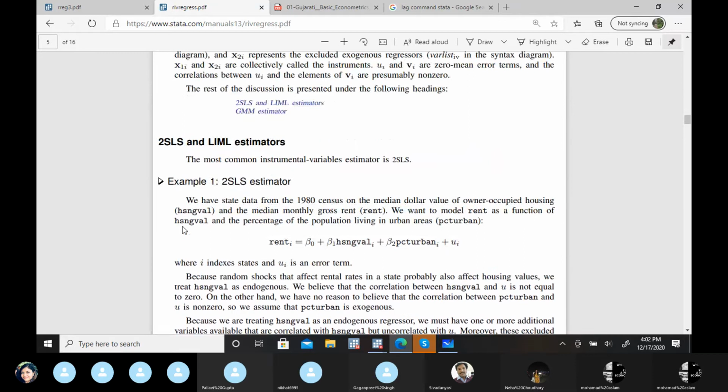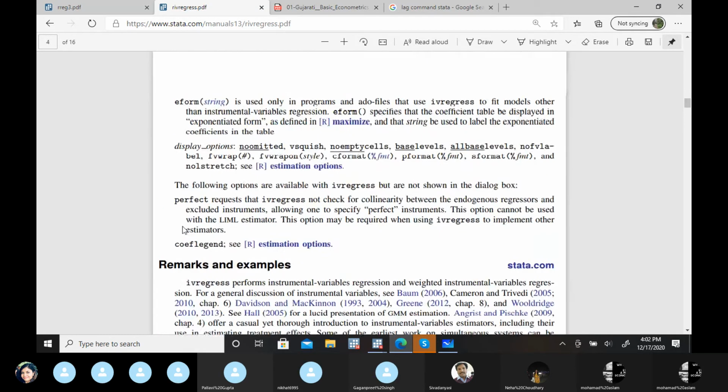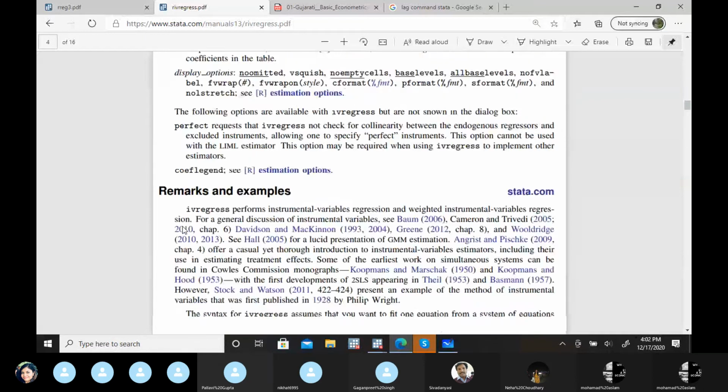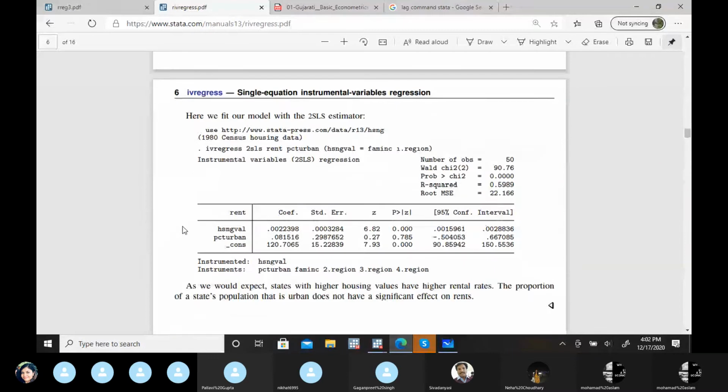The difference is that in reg3 it is quite easy: you can put the total model in equational form in brackets and you don't need to specify instrument variables. But with IVREG, you have to specify the 2SLS variables in the model.